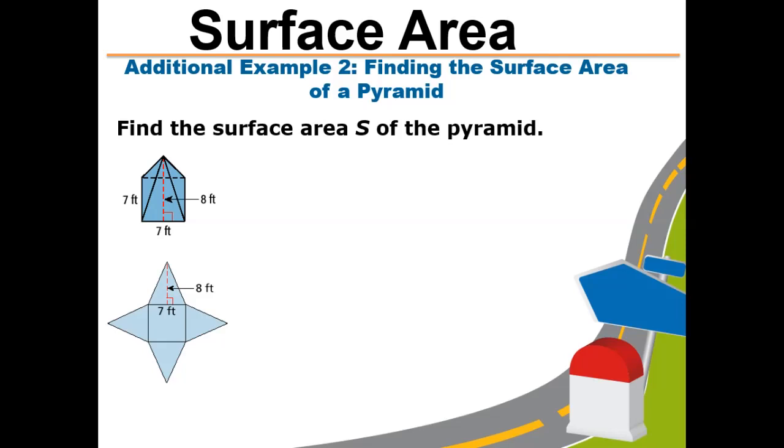Yes, let's see. To find out the total surface area, I will repeat the steps again. First, we have to find each area separately. Here I have 5 faces. How many steps do I have to do? 5 steps. Area of square, area of triangle 1, triangle 2, triangle 3, triangle 4.